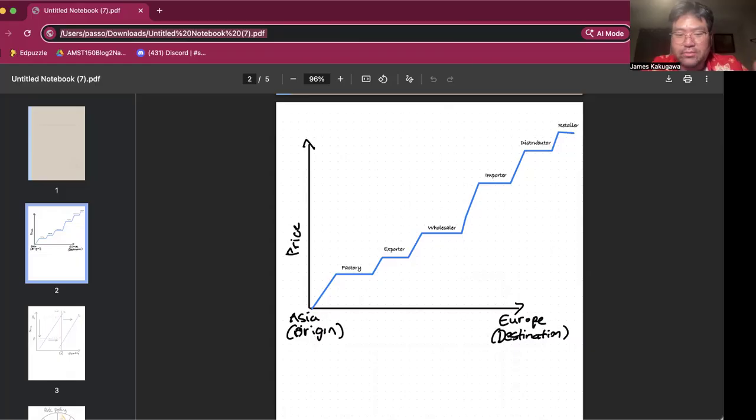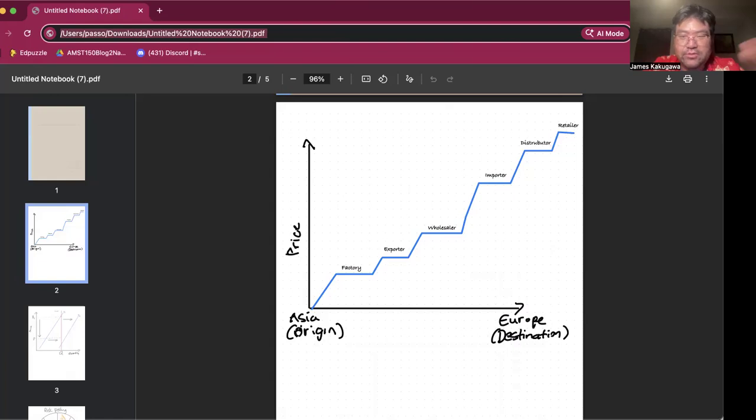They also had what's called compounding markups, where each intermediary would price the goods above marginal cost to capture a profit. This created a compounding price wedge, where Andrew Leigh notes that the price of paper in European markets was often 50 times higher than the price paid to the primary producer in India.